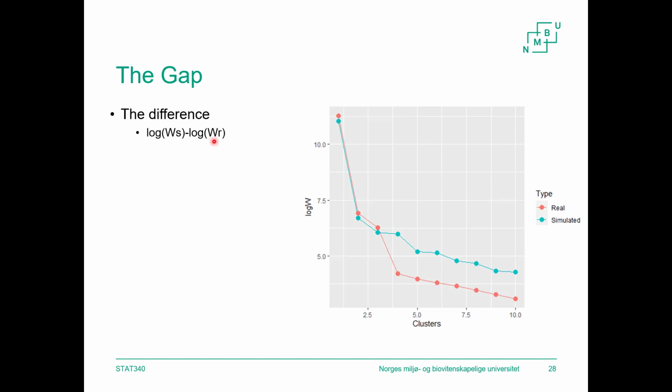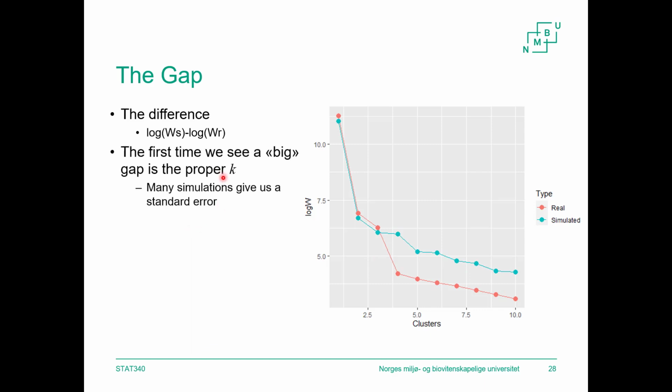It's also a log transform of this value. So actually we have on this scale here already log transformed the values we saw previously. So it's the log within sum of squares that we compare to each other. And the first time we see a big gap is the proper K. That's sort of the idea.